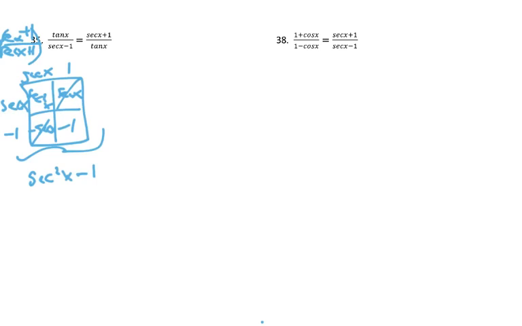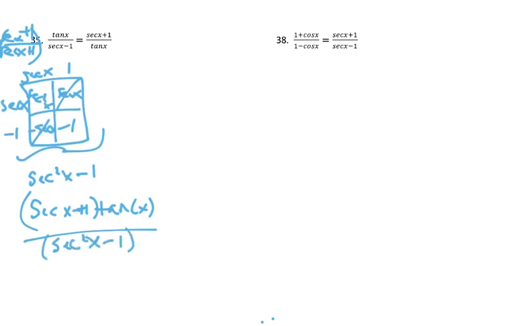That denominator is secant squared of x minus 1, and the numerator is going to be secant x plus 1, the quantity, times what was initially in the numerator, which is tangent of x. All of that is over secant squared of x minus 1. Secant squared of x minus 1 is a Pythagorean identity, and it's actually going to equal tangent squared of x.